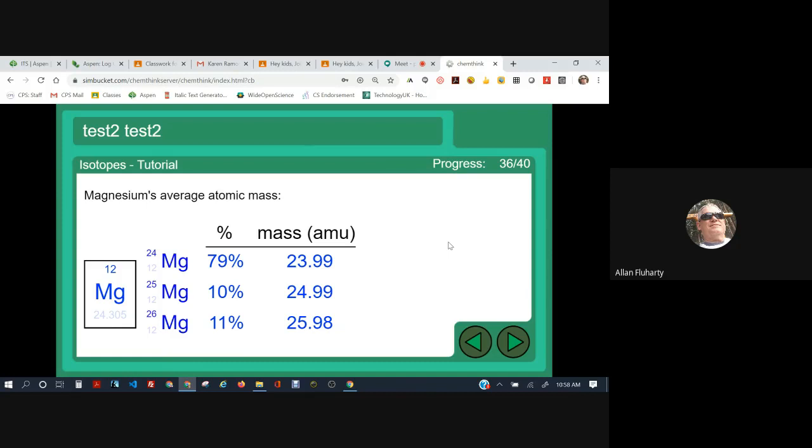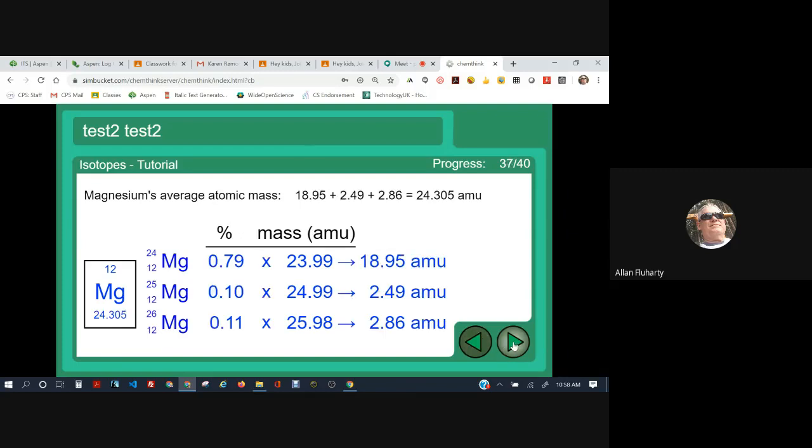So again, you just multiply the numbers together and add them up, divide by 100, since percent is based on 100. Again, they've already taken out the 100 by making it a decimal. Add up 18.95 plus 2.49 plus 2.86, and you get the atomic mass.